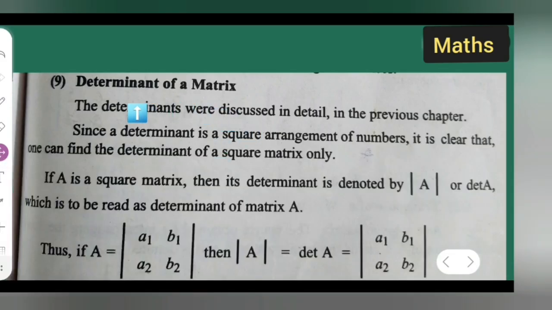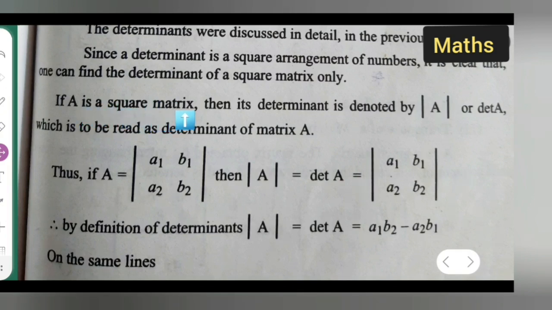So take down the statement of the determinant of a matrix. The determinants were discussed in detail in the previous chapter. Since a determinant is a square arrangement of numbers, it is clear that one can find a determinant of a square matrix only.